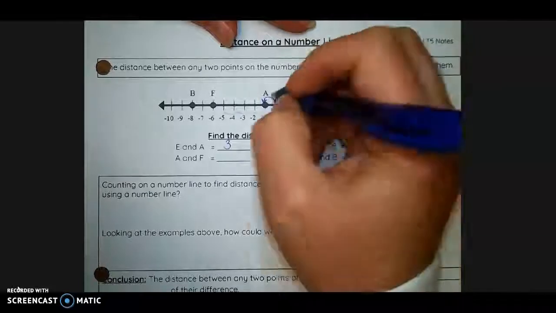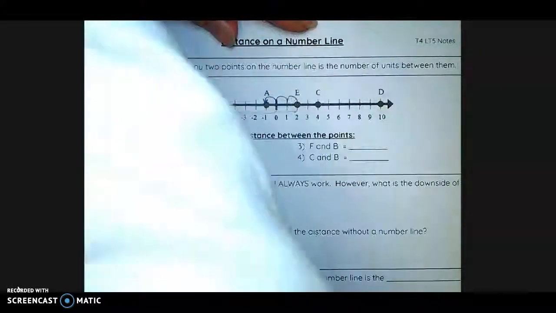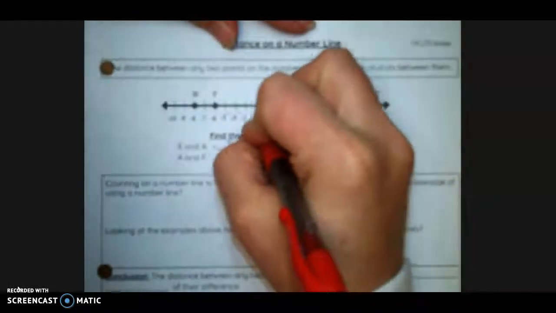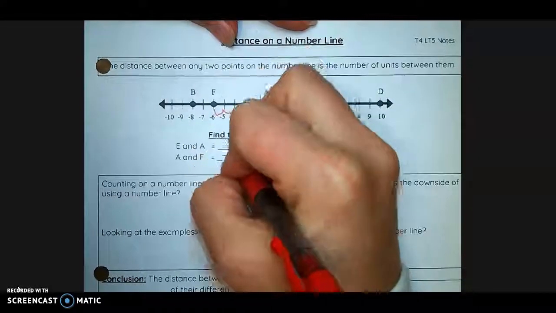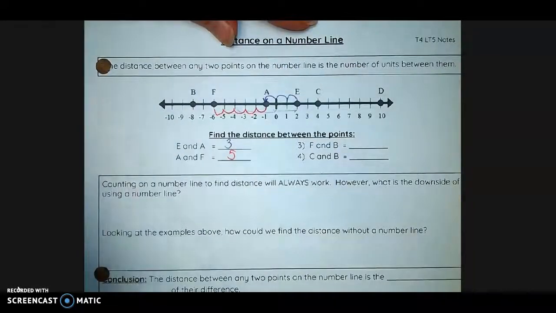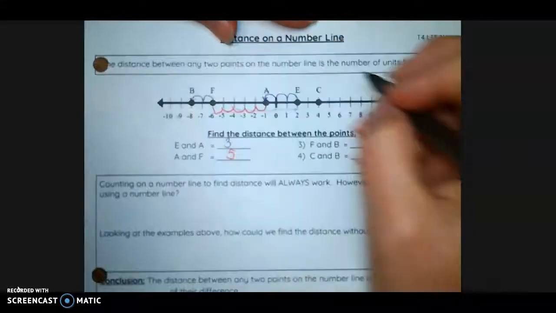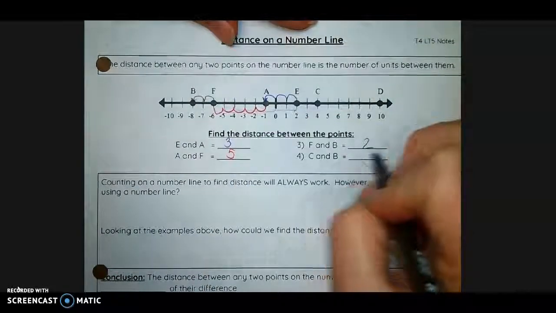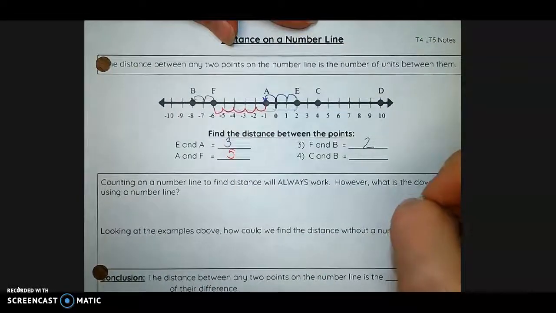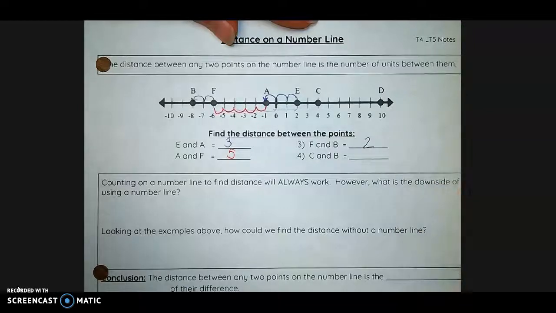A to F, they are 1, 2, 3, 4, 5 steps apart. F to B, they are 2 steps apart, and it doesn't matter which direction I go, if I go from A to F or F to A or F to B or B to F, it's still going to be the same number of hops.